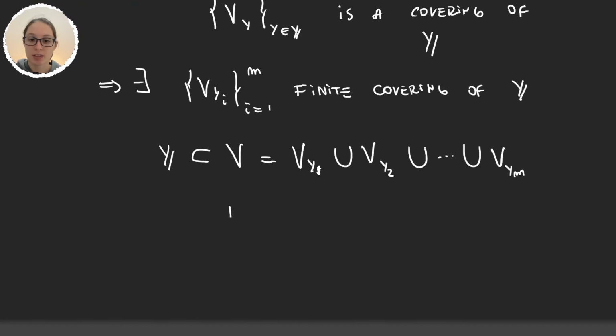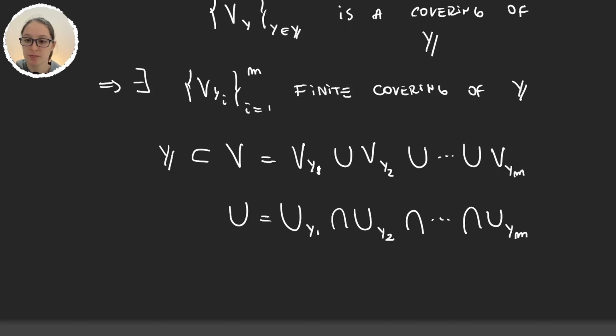So the set U equals U_y1 intersection all of these sets. This set obviously contains x0, and because it's a finite intersection of open sets, then it's also in our topology.